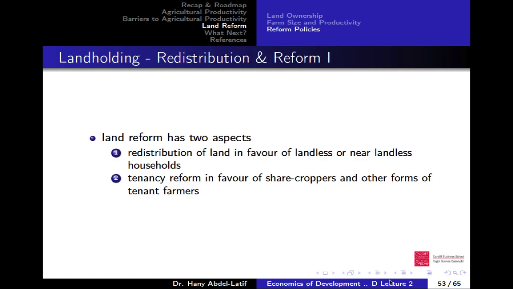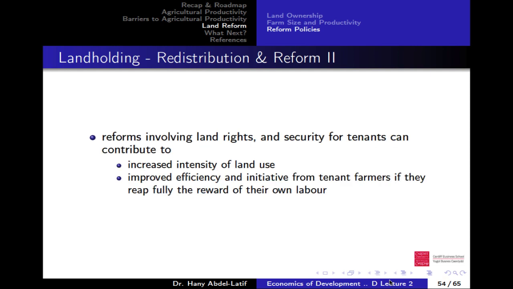I'm just going to finish off with this part. As I said, this is what people usually mean when they discuss land reform: redistribution of land and reforming the tenancy system as well. This has to be combined with land rights and security, and this might help to increase productivity.